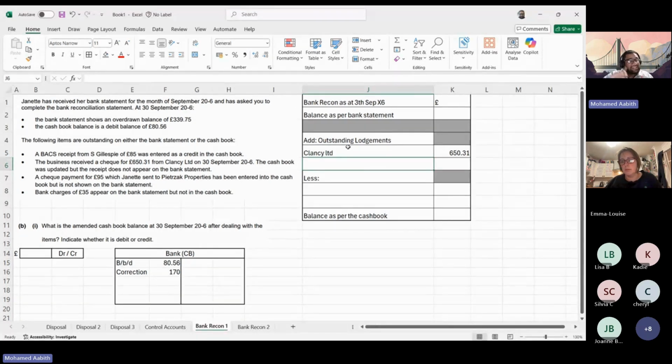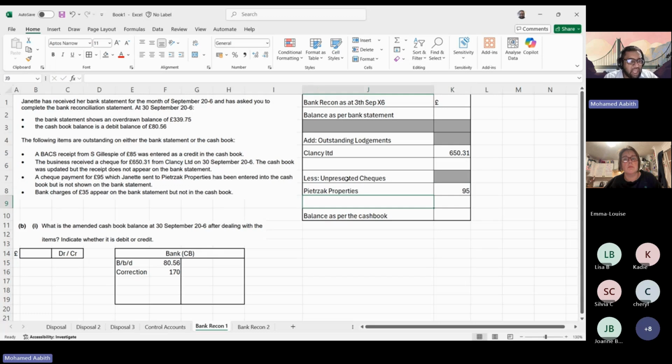That is also a classic example of something called unpresented cheques. So here, Pietrzak Properties. How much is that for? It's for £95. That has not gone through.